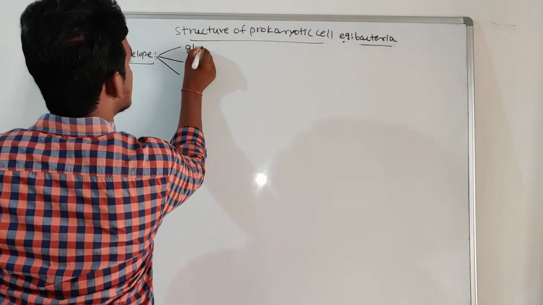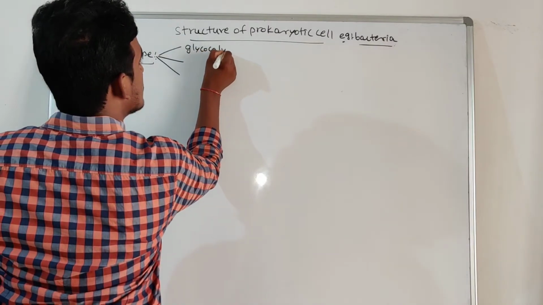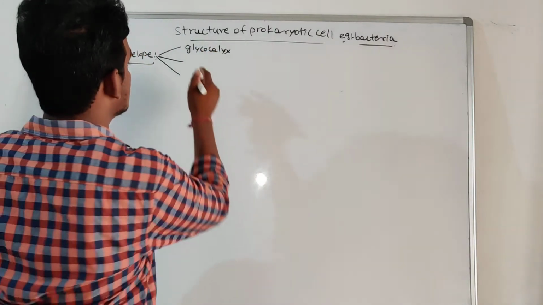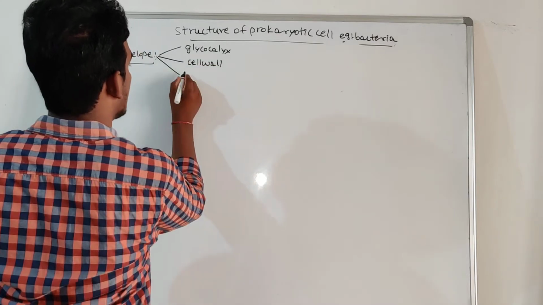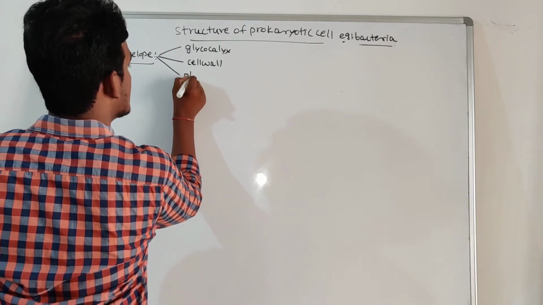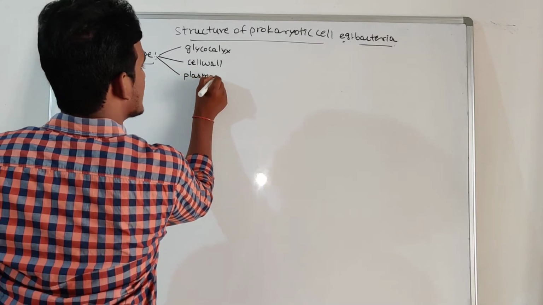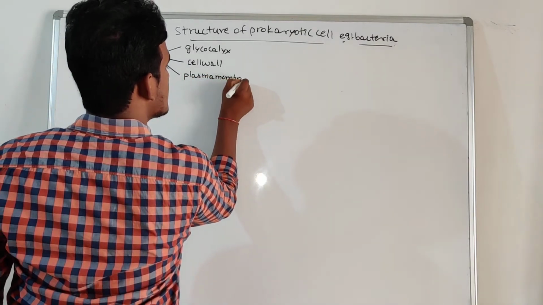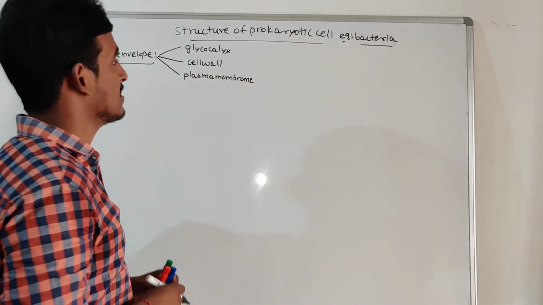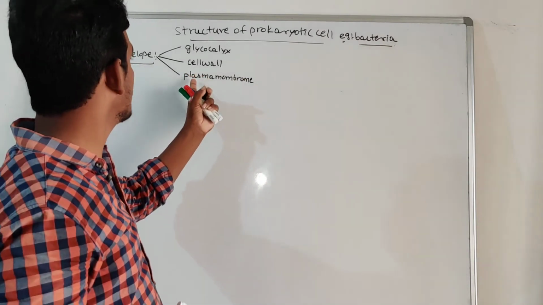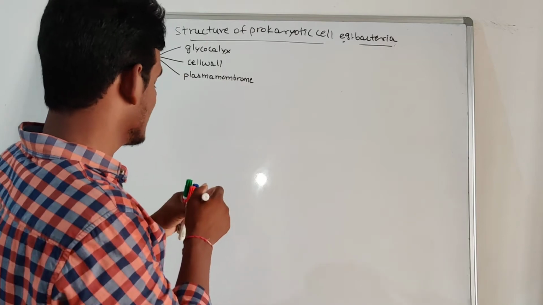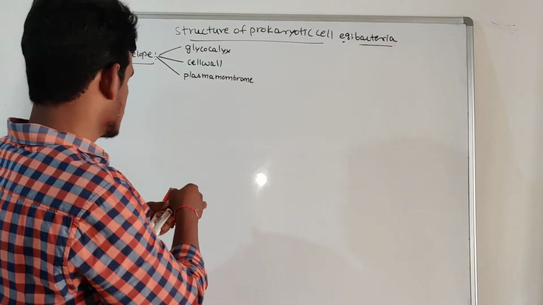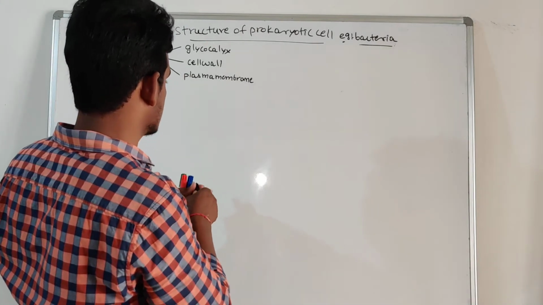The outer layer is called the glycocalyx, later it has the cell wall, and the inner one is the plasma membrane or cell membrane.